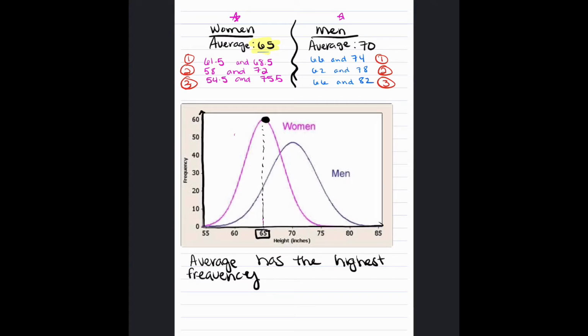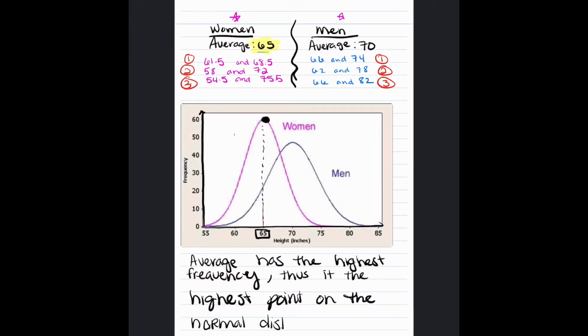Average has the highest frequency, thus it is the highest point on the curve. And it's not just called the curve, it's actually called a normal distribution curve. So the average has the highest frequency, thus it has the highest point on that normal distribution curve.